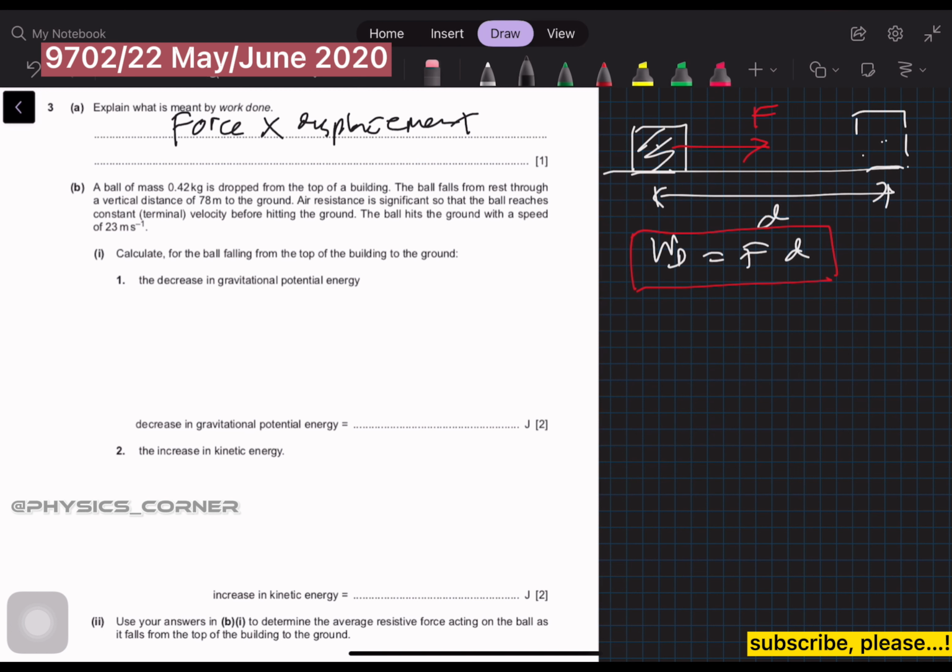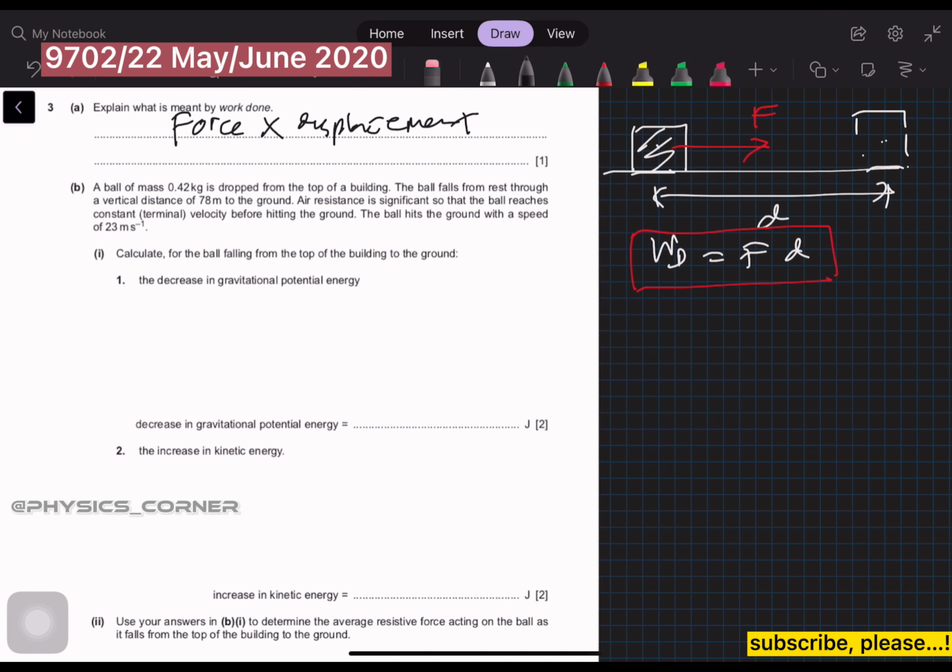Then question B. A ball of mass 0.42 kilogram is dropped from the top of a building. The ball falls from rest a vertical distance of 78 meter to the ground. Air resistance is significant so that the ball reaches constant or terminal velocity before hitting the ground.